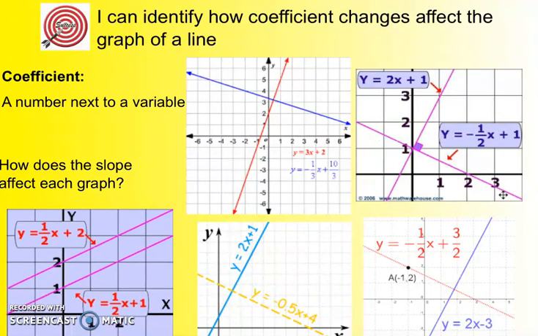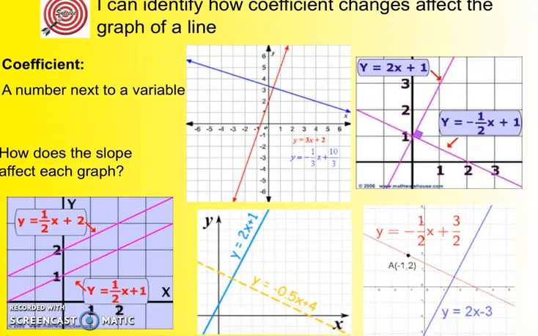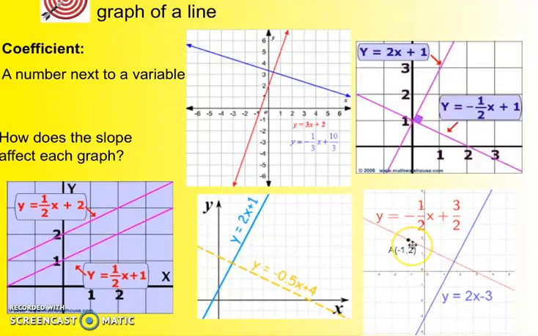So I notice that no matter what, the slope is going to change the direction of the line based on if it's positive or negative, okay? The other thing that I notice is that the greater the coefficient is, the steeper the line seems to be.